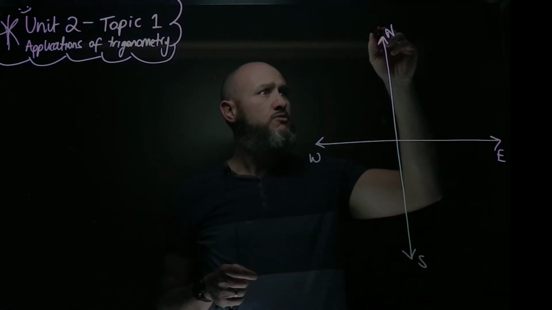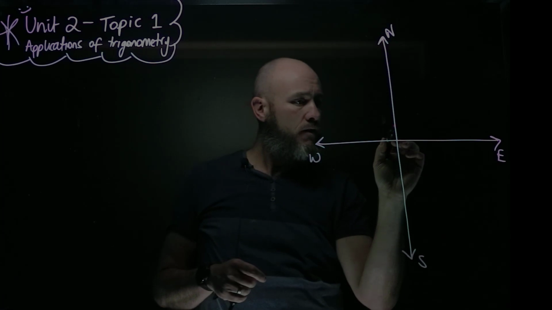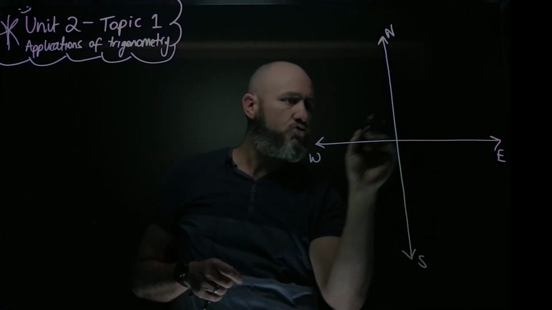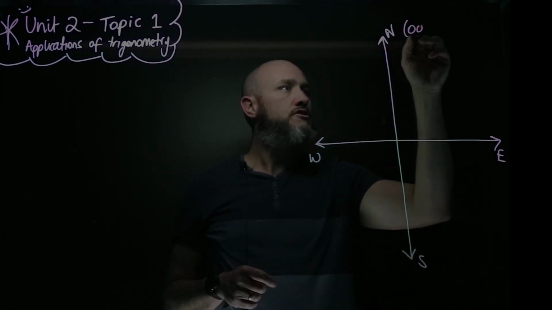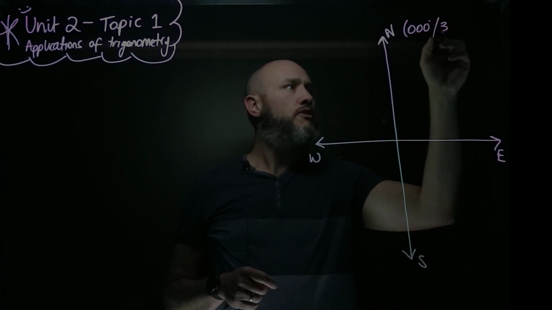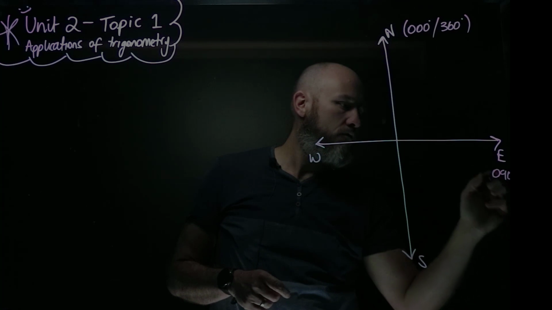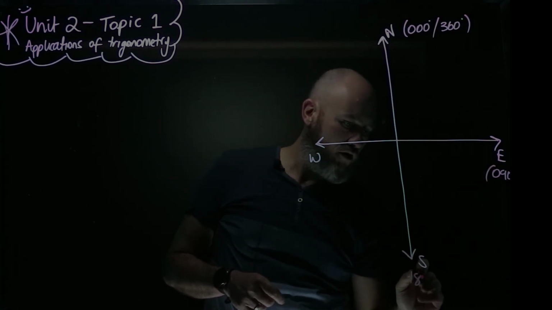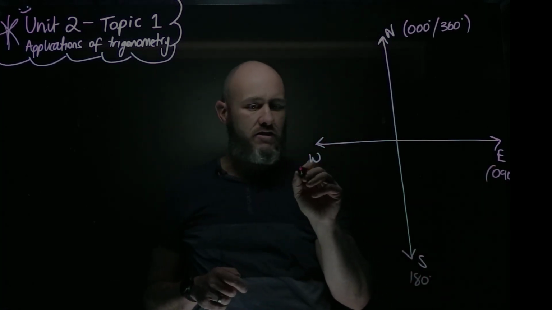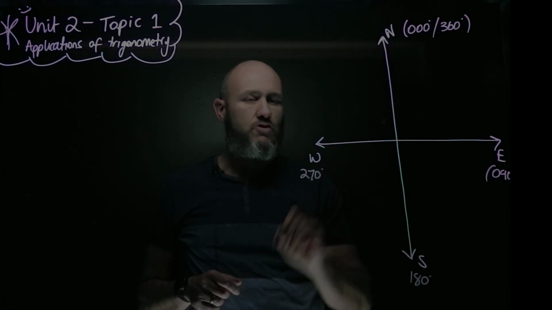So three-figure bearings, we start at north and go the full 360 around. North is 000 or 360 degrees. East is 090, south is 180 and west is 270 degrees.